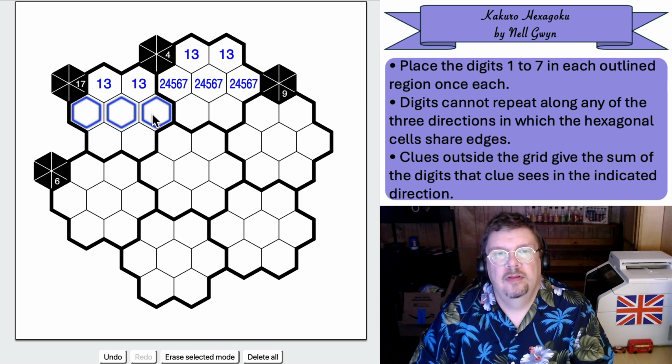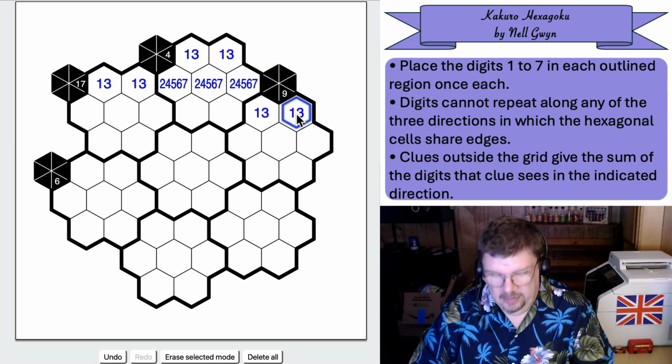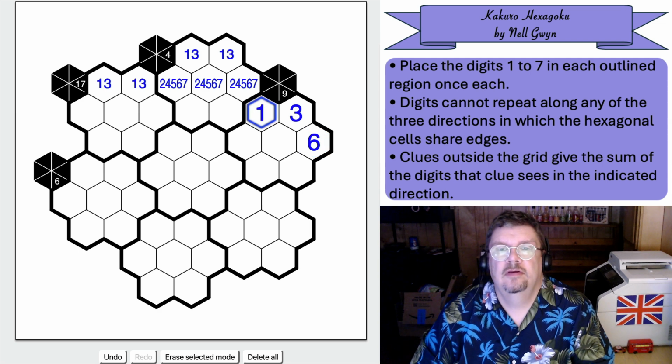Okay, those can't be 1s and 3s. Those can't be 1s and 3s. So this must be a 1-3 pair. 1 plus 8 would make 9, but I can't use an 8. So that must be 3. That must be 6. Okay.